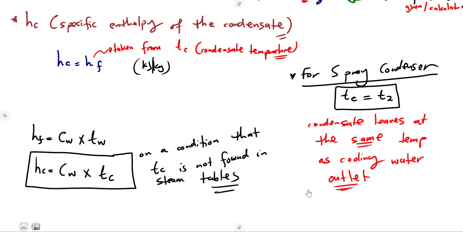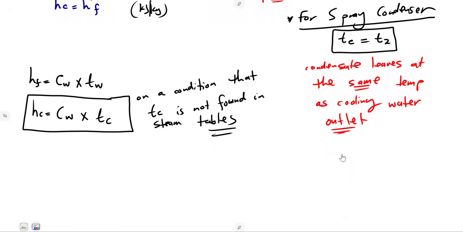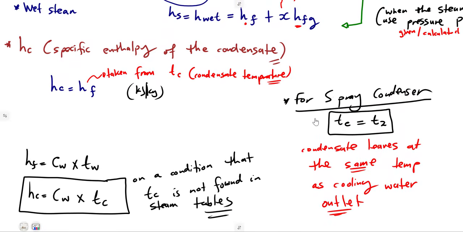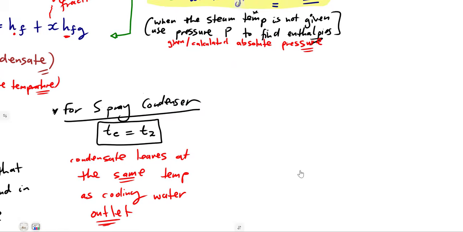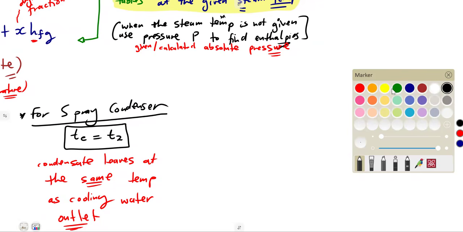And also there's an undercooling effect. Whenever there is undercooling, because this temperature TC, we said we can have it for this condition where it is directly given, or we can have it for this condition of a spray condenser where you take it from T2, or they cannot give you that directly, but they give it in a hidden manner.